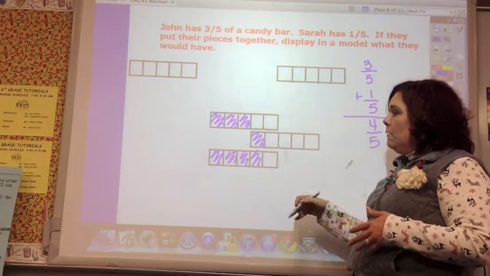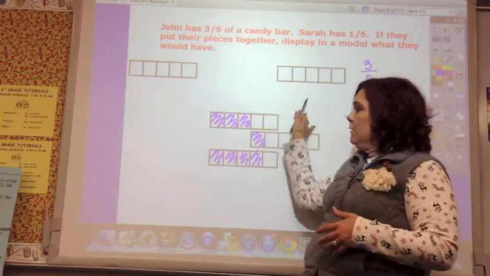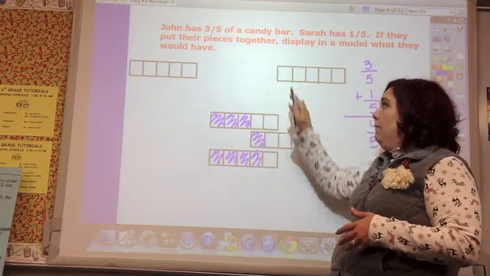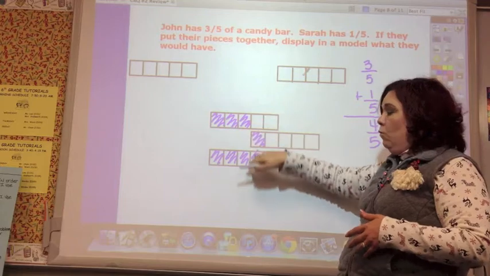So this is very important to be able to read these models and know what they're showing, and if it's addition or subtraction, and the way that model would look.